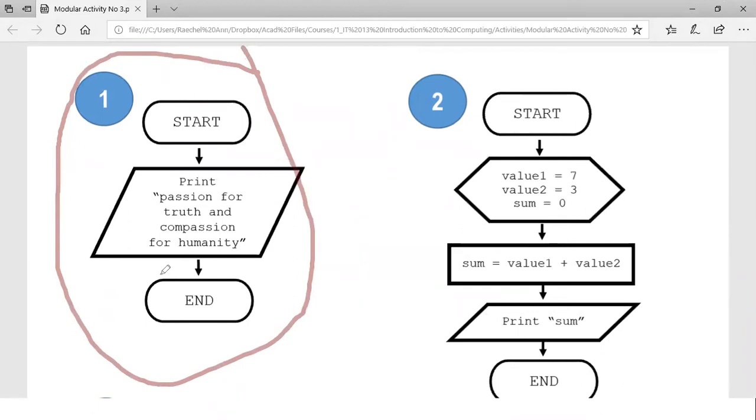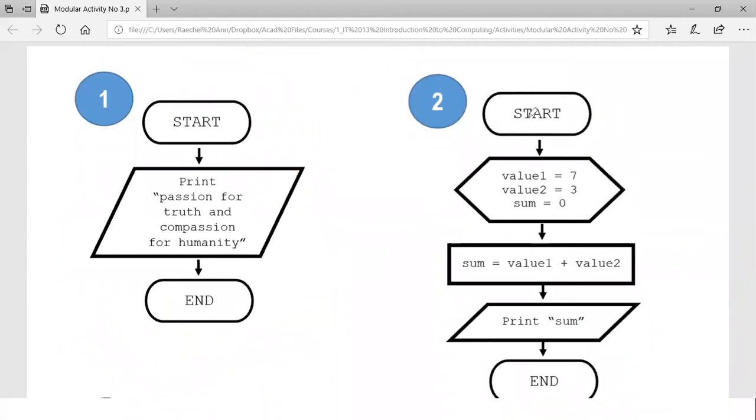That's why when you convert this into your program, you wouldn't use an if statement, if-else statement, or nested if. Since there is no diamond, this is not a conditional flow control structure. For number 2, do you see a diamond?